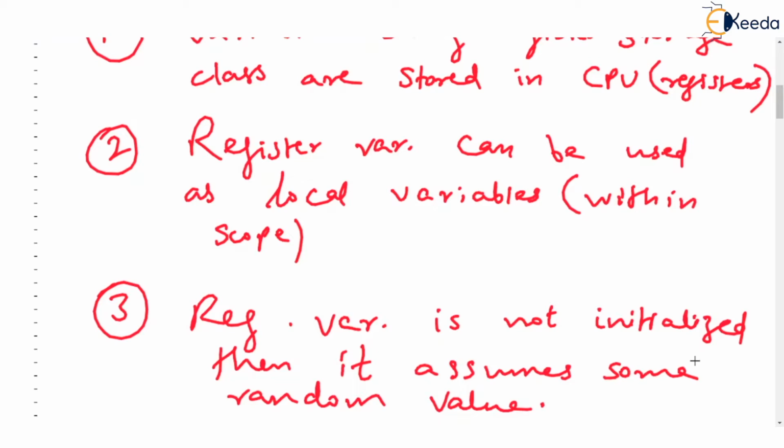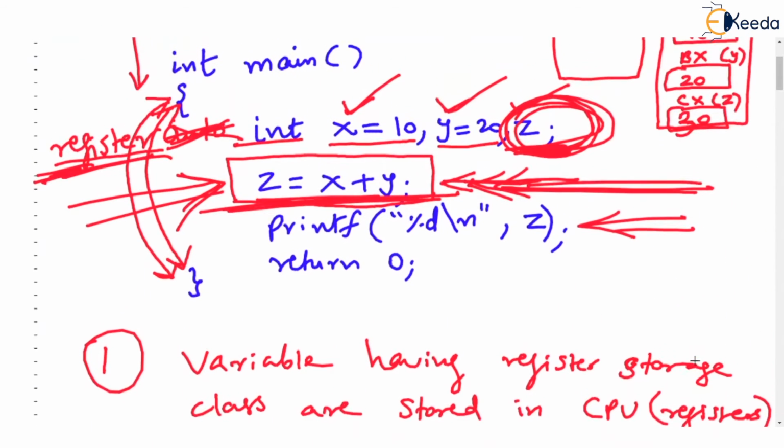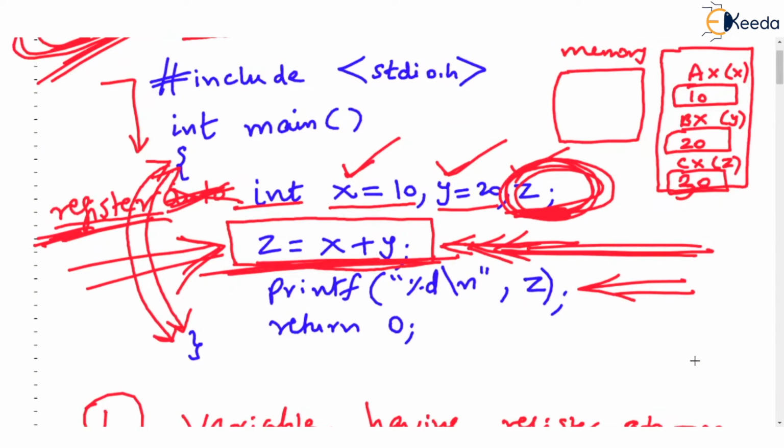And then you also know that register variables can be used if you want to make your program fast, because the time which was needed to transfer the values from memory to register and register back to memory is saved. That much time is saved, isn't it?